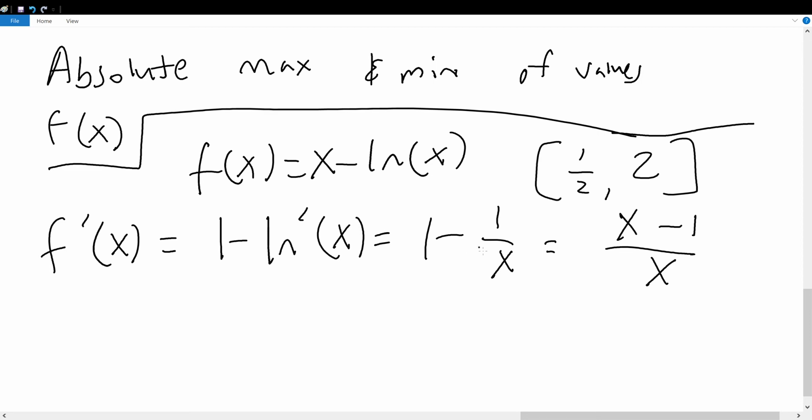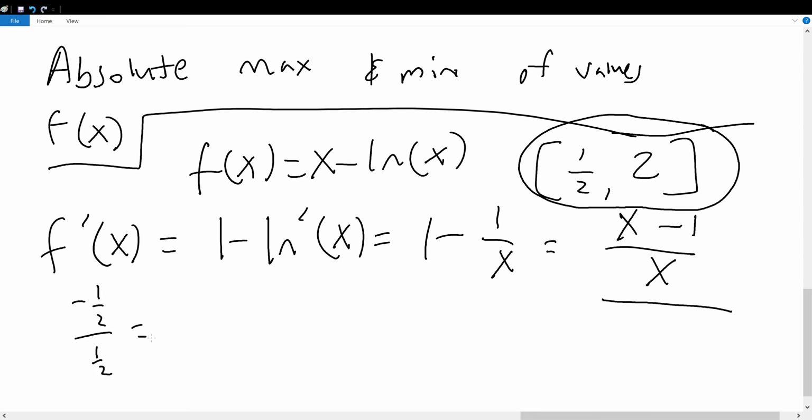Now, we simply plug in our interval endpoints. When we plug in half, it would be -half over half, which is just -1. So when x is half, f prime is -1. And when x is 2, f prime is 1/2.